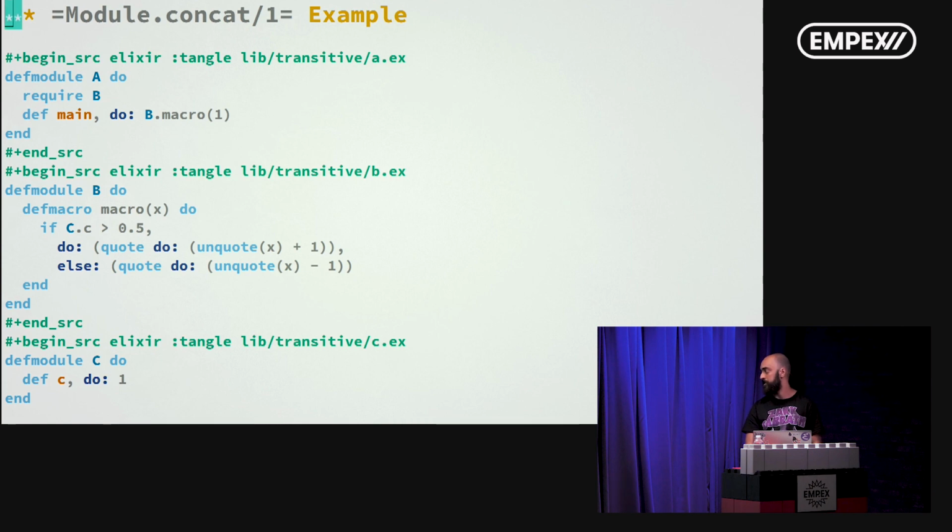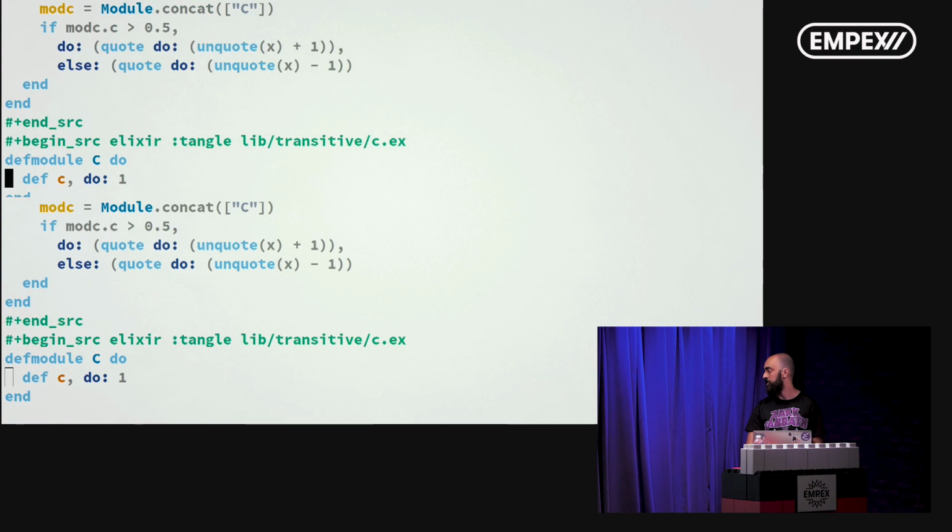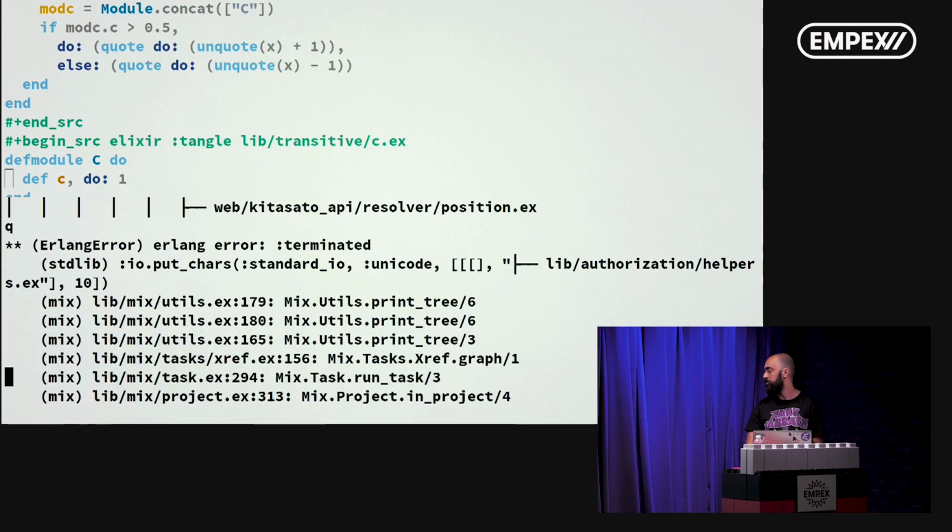For example, remember our A, B, and C examples? And now what we're going to do, we're going to call C.foo, but not like that. We're going to Module.concat C and call foo on it. And this will break the dependency.